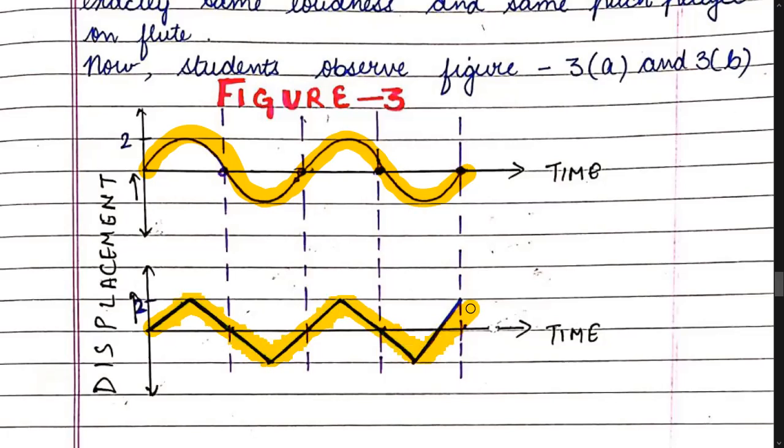So students, number of vibrations are same. Even the amplitude is same. So in these two diagrams, loudness and frequency or pitch is same. But see, are the two shapes equal?